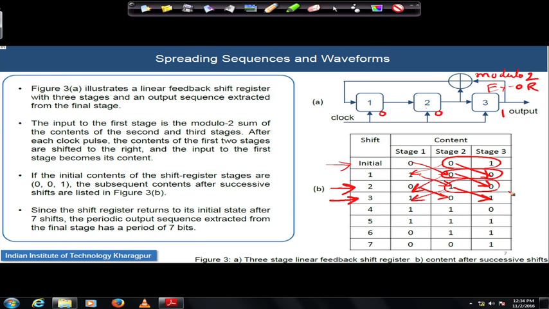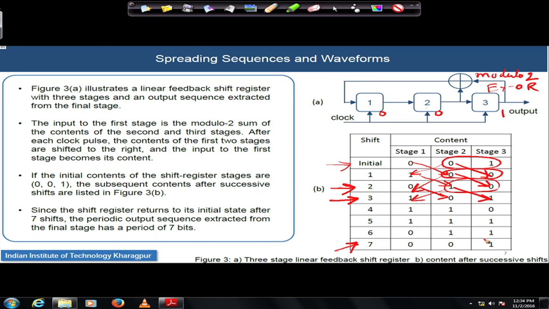Remember one thing: at the end of the 7th clock pulse, the values stored in the memory repeat the initial state.